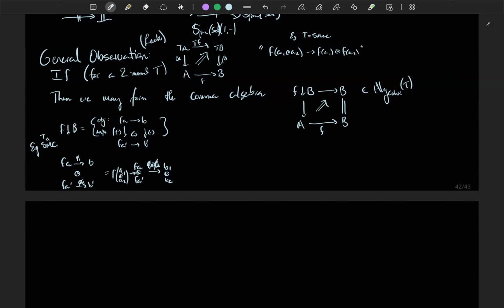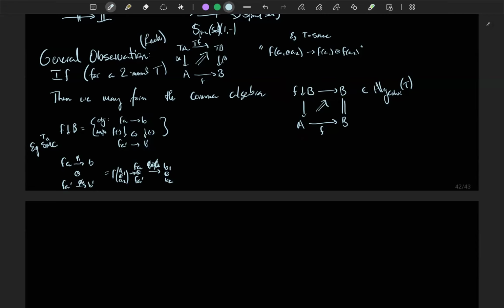And the important thing to notice about this is that the projections have certain special properties here. So what are the projections, by the way? They are these two functors here, the things that are taking out this half and this half, these underlying maps.